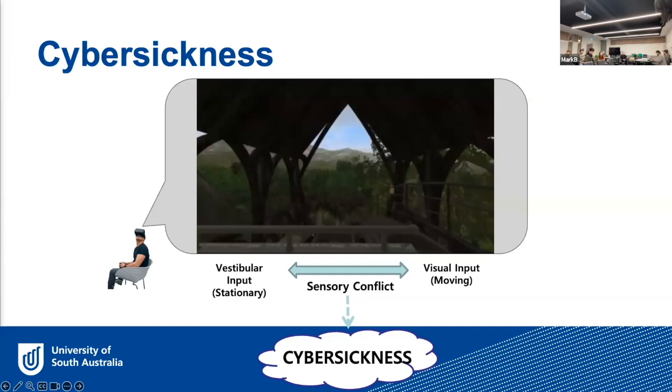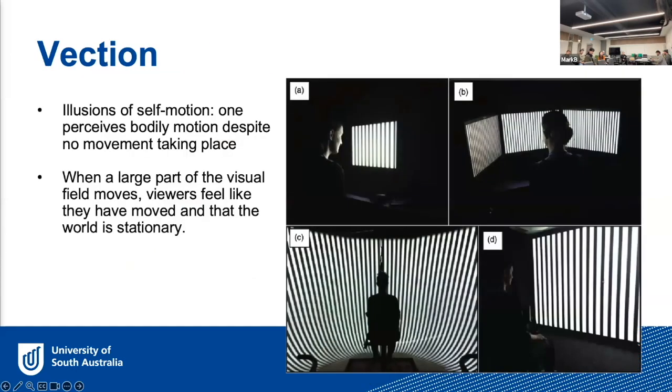But if we step further into this phenomenon, we get to vection. Vection means people can feel illusory self-motion, which means even though they don't move at all, due to some visual stimuli we feel like we are moving in a certain direction.